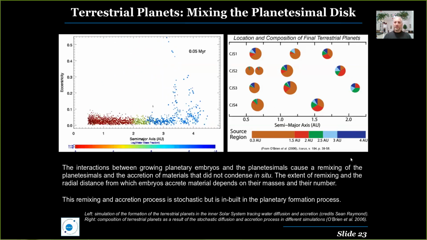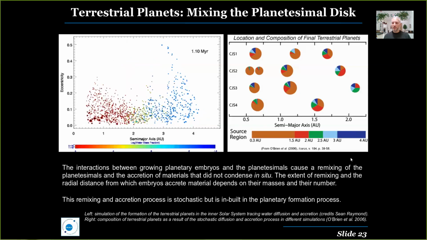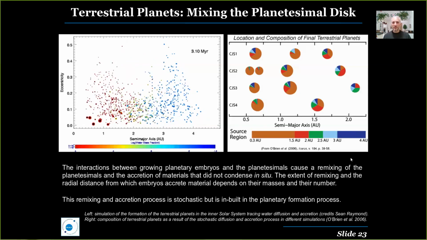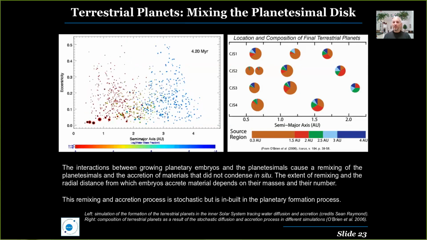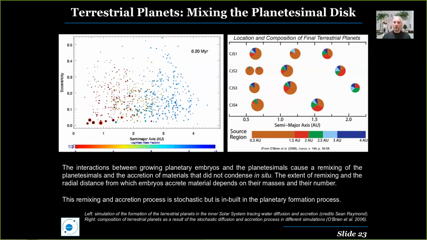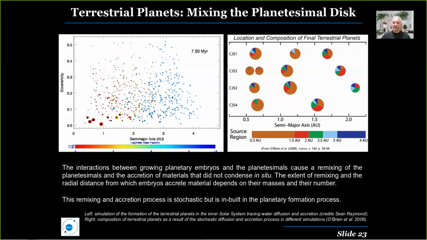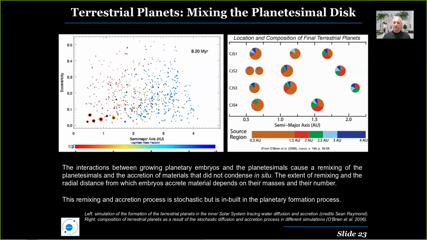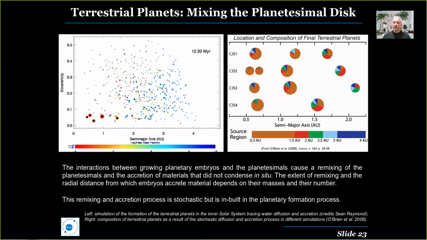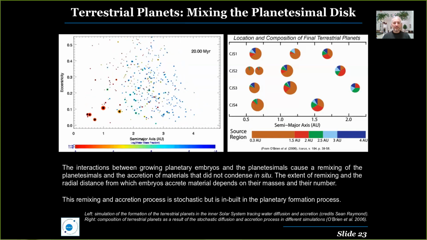So even if the beginning of the planetary formation process, from the protoplanetary disk to the formation of the first generation of planetary bodies, creates a compositional gradient, the planetary formation process, while it continues in order to form the terrestrial planets, has built in an effect of remixing of the planetary material.